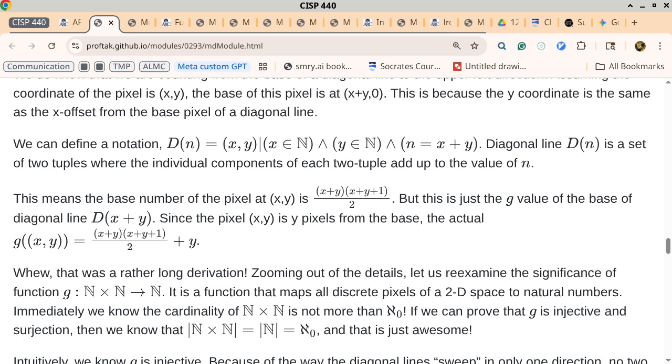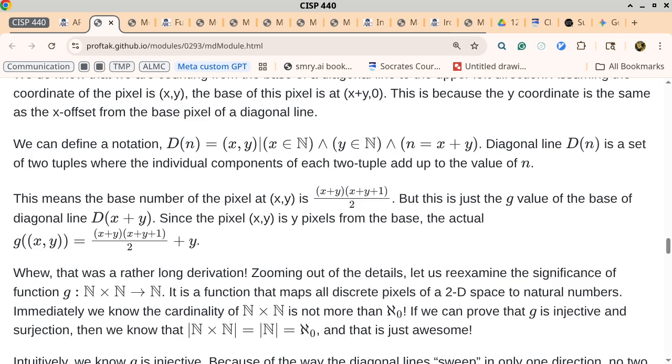Yeah, I called it the pixel. It's just a cell, right, in a two-dimensional space. Yep, exactly. Okay, very good.